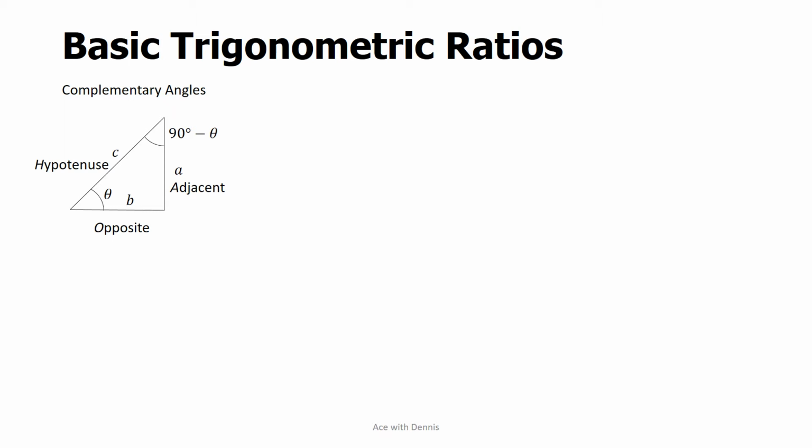By applying the formula toa, tangent 90 degrees minus theta will equal opposite over adjacent, and it is equal to B over A. Comparing this ratio to the trigonometric ratios for theta, it equals cotangent theta.